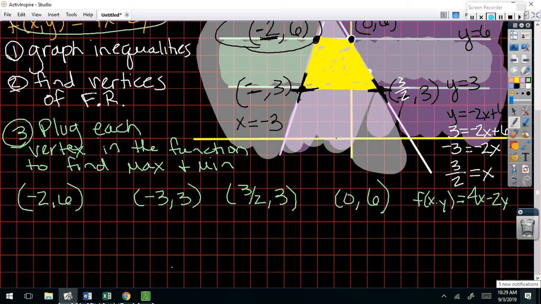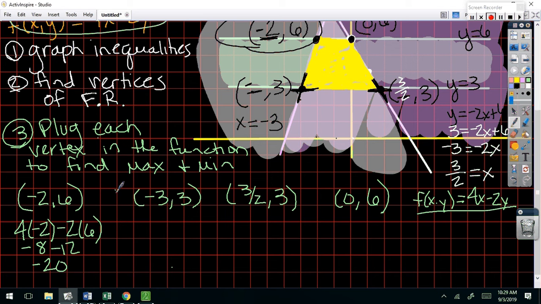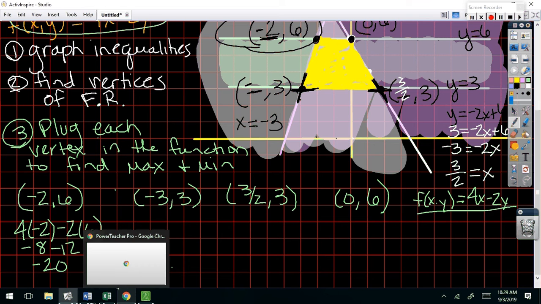Y'all ready? This is the new part. This is the only new part. 4 times -2 minus 2 times 6. -8 minus 12, which is -20.